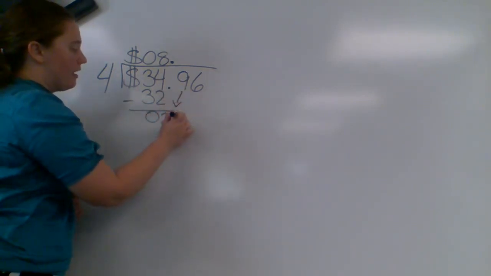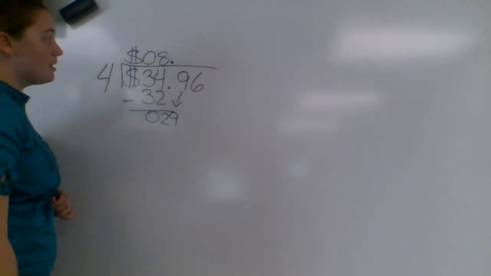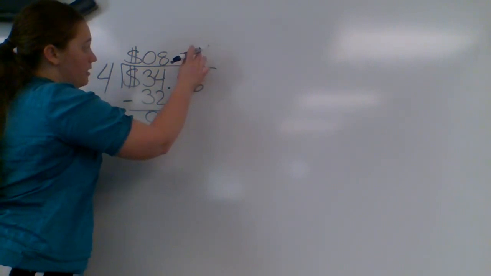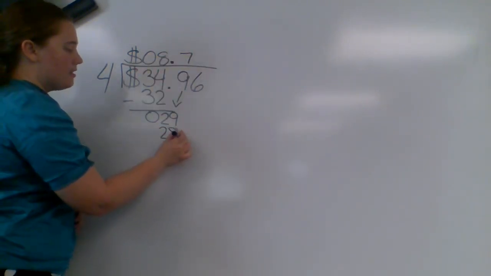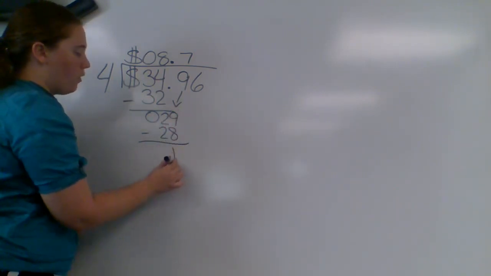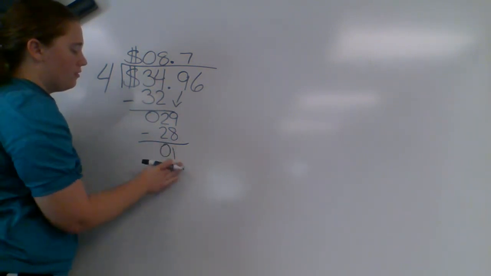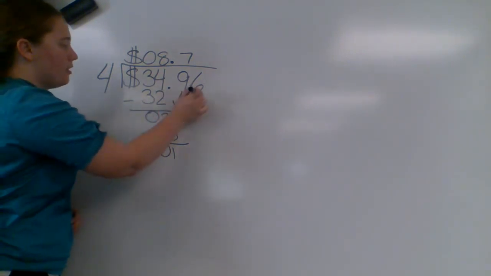Carry down that 9. 4 will go into 29 how many times? Let's try 7. 7 times 4 is 28. Subtract. 9 minus 8 is 1. 2 minus 2 is 0. 1 is smaller than 4.